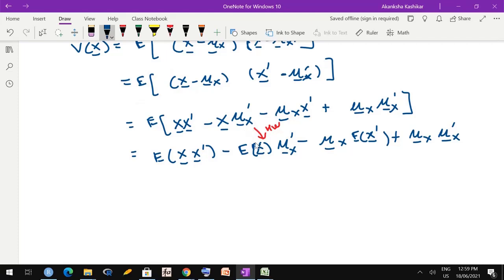Now this is another homework. When I have the expectation of a vector into another vector, but the other vector is constant, can I keep that other vector outside? This is homework, and this is also homework. Why do I need two homeworks? Because we are in a matrix multiplication setup, so A into B is not the same as B into A, so I need to prove both ways.